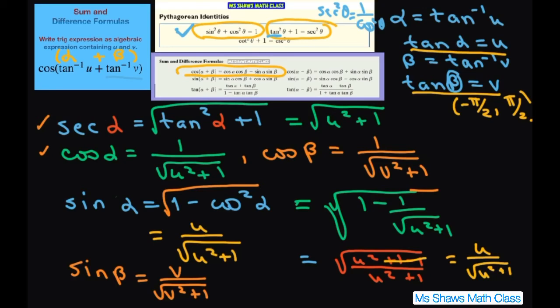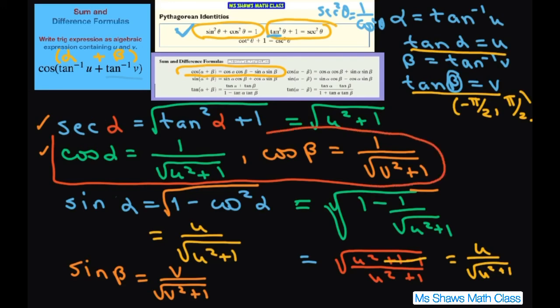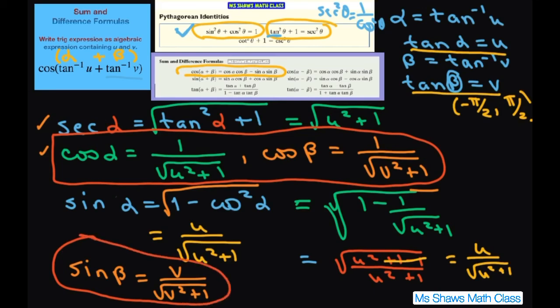We have our cosine of alpha, sine of alpha, and then we need this one, which is sine of beta. All right, so let's use our formula.